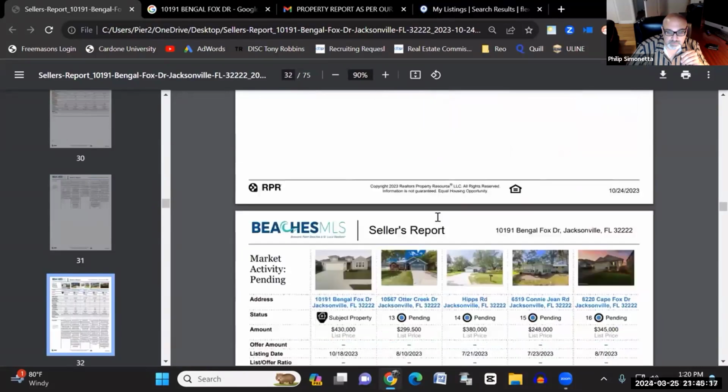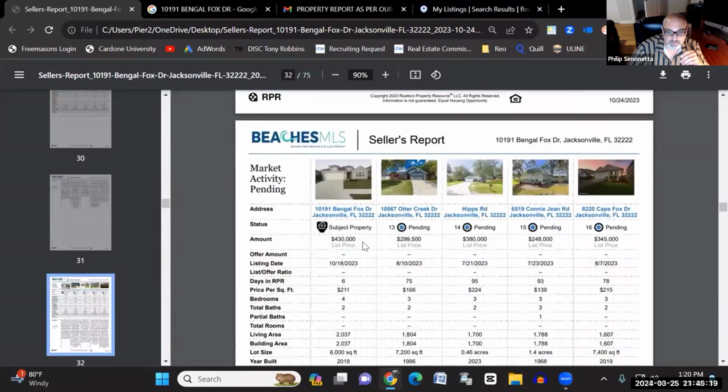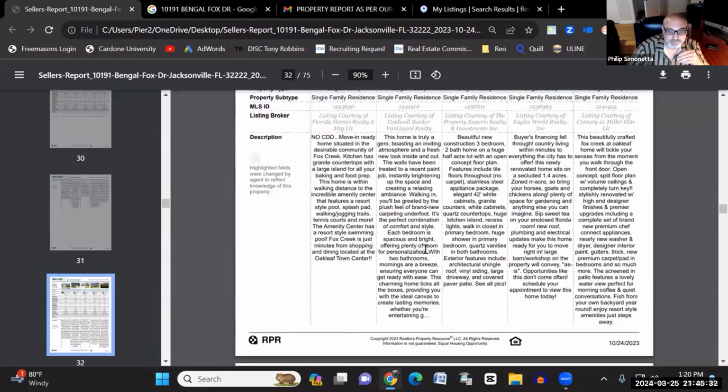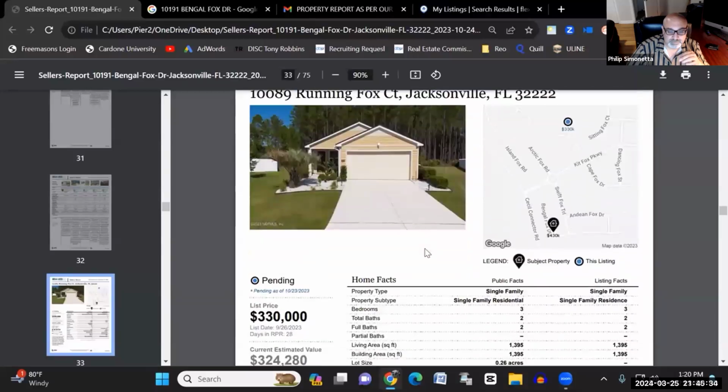Here we go. You see, these are smaller. Again, they're smaller. If they were the same size as yours, they'd be the same price. It's because of the size of them. You see here, 1,600, 1,700. Your home is a bigger home.